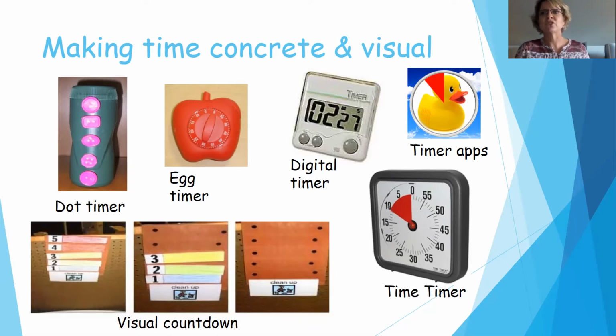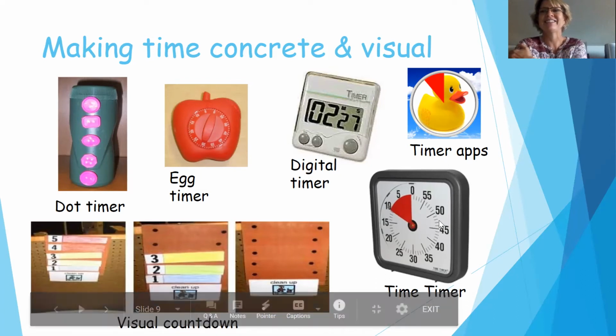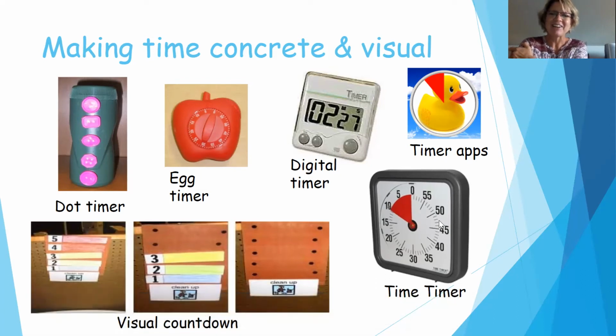And it just makes it super clear for our students so that, again, there's that predictability, like they know when a preferred activity is ending or how much more of a non-preferred activity they have to do before they get their preferred activity.